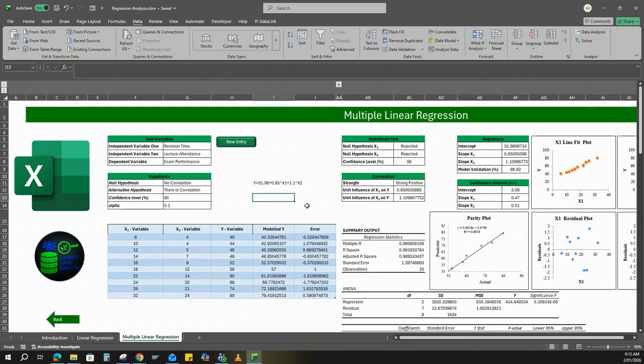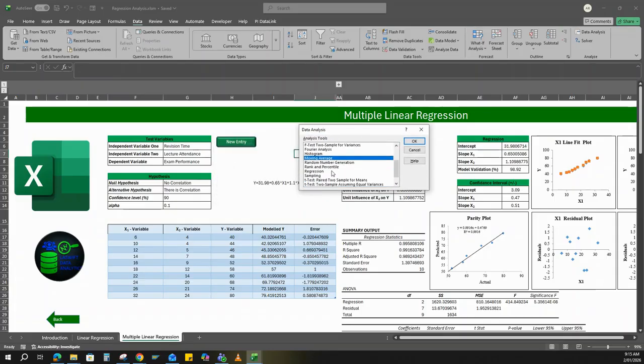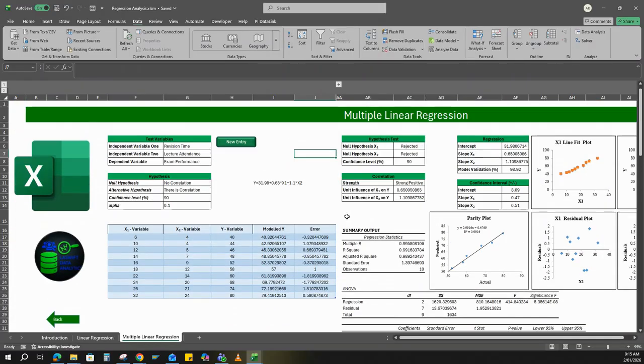Now all of these results, you can get if you do data analysis using the Excel analysis toolpack, doing a regression here. You will still get the same results. However, this template is set up to interpret the results for you.